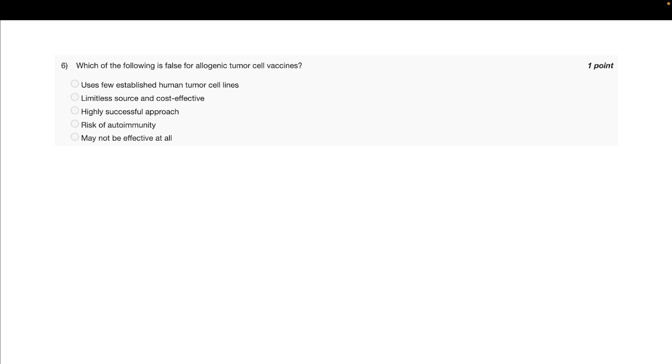Any volunteers for this question? Option 1. Option 1 is uses few established human tumor cell lines. Okay. Anybody else?